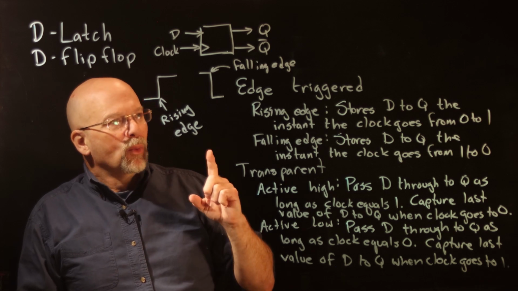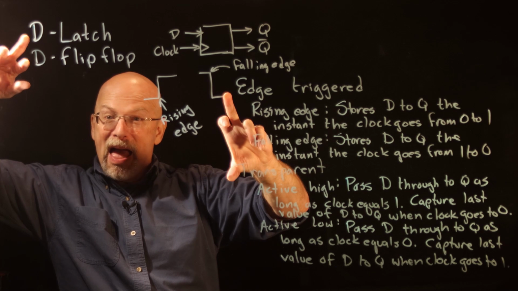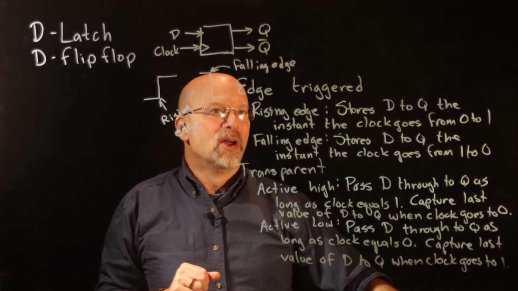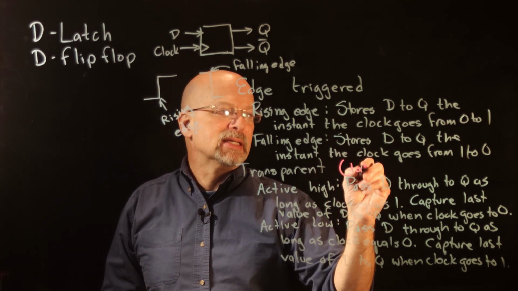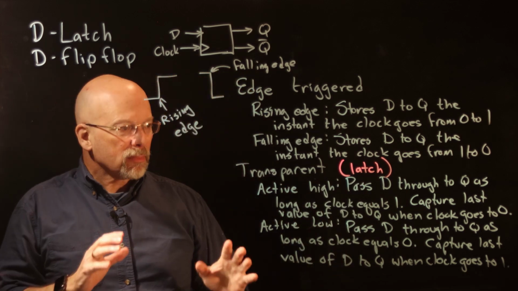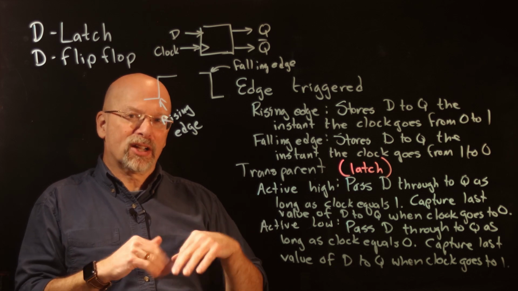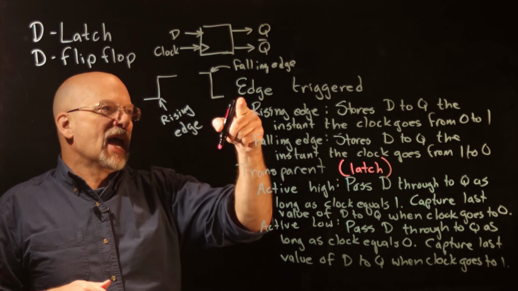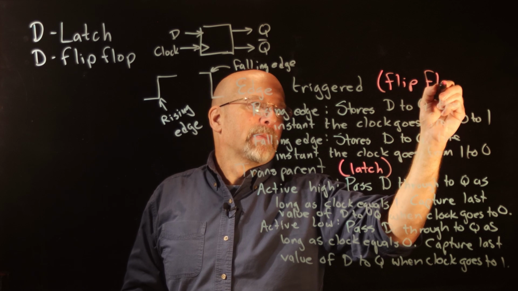Now, which one's which? Turns out that latch and flip-flop map to the edge-triggered versus the transparent. Which is which? Well, the transparent is the latch, okay? You can look at it this way: it's just simply passing D through to Q, but as soon as the clock goes to the other value, it latches on to the last one. Edge triggered is the flip-flop.